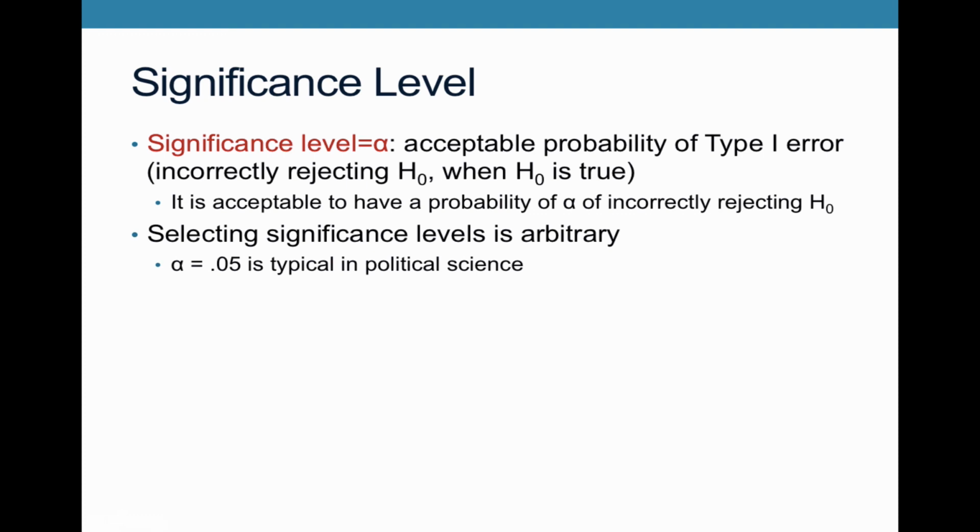Thinking about what this means, we say it's acceptable that there's a 5% probability of incorrectly rejecting that null hypothesis. Alpha of 0.01 or 0.1 are also common, 0.1 a little bit less common, but 0.05 is a good rule of thumb to think about. And while it is arbitrary, anything over 0.1 isn't really very credible.